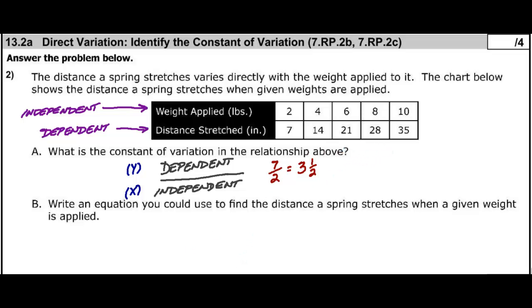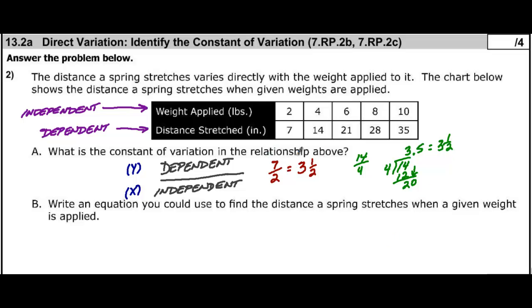Let's take 14 and divide it by 4. And let's use long division this time. 4 goes into 14 3 times. That's 12. 2 left over. Bring down a 0, bring up a decimal. 4 goes into 20 5 times, which again is 3.5.